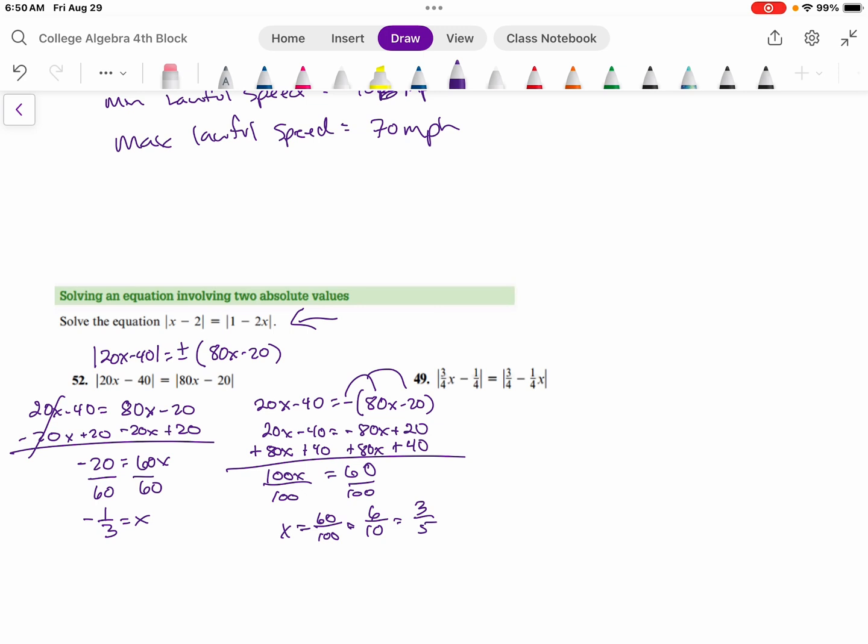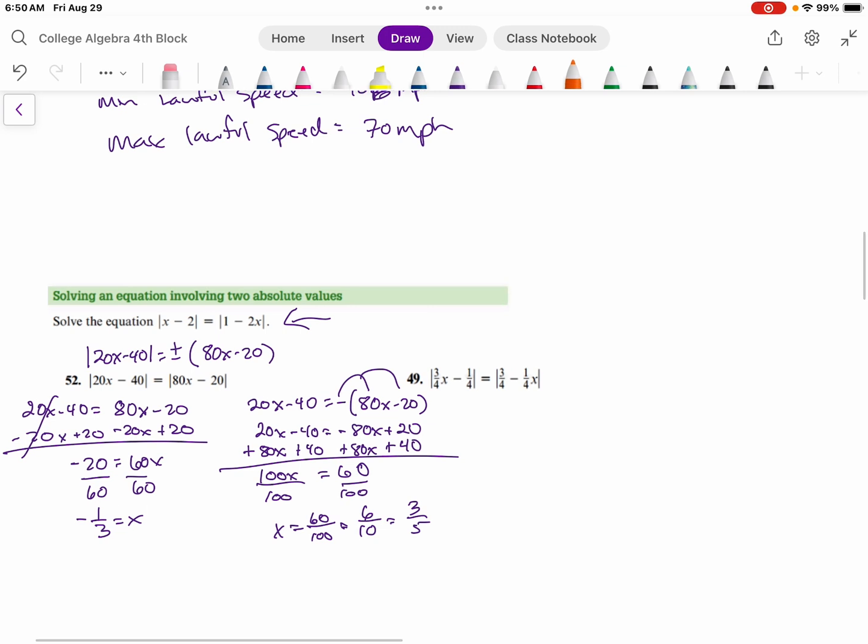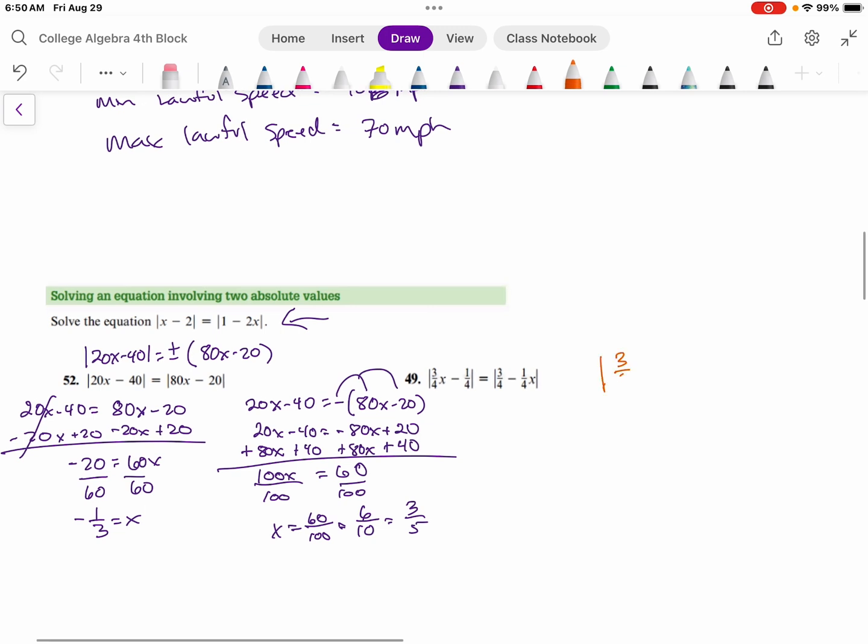Same thing goes on the next one. Again, it's a little bit more challenging just because we have the fractions in there, but the nice thing is they all have the same denominator. So again, I'm going to treat this as follows: the absolute value of 3/4 x minus 1/4 equals plus or minus the whole other side.